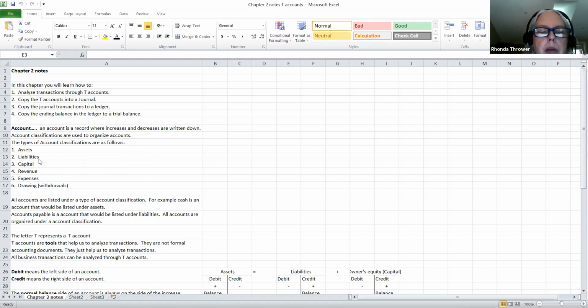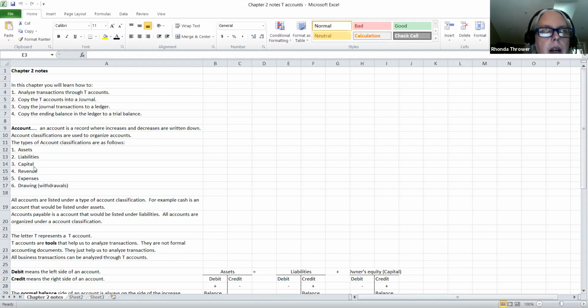So underneath liabilities, we might find accounts payable or notes payable. And in this chapter, we're going to introduce a new liability to you called unearned accounts. So if you see unearned revenue, that's a type of liability account and would fall underneath the account classification of liabilities. Capital, another word for capital, is owner's equity.